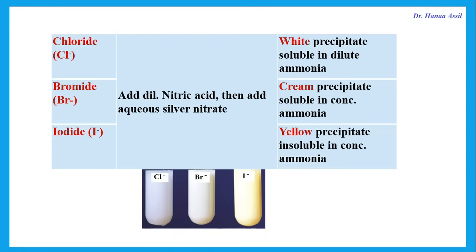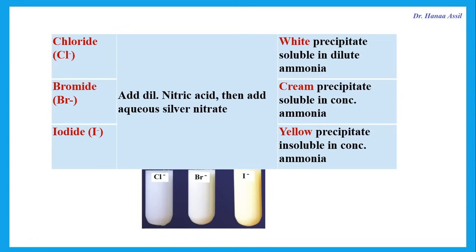Chloride, bromide, iodide. We said we add dilute nitric acid and silver nitrate. The chloride gives white precipitate, bromide gives cream precipitate, iodide gives yellow precipitate. But the problem is these colors are very near to each other, and usually in practice in the lab, it's very difficult to determine if the precipitate obtained was white or cream or yellow.